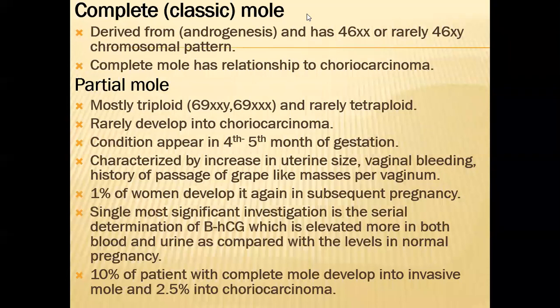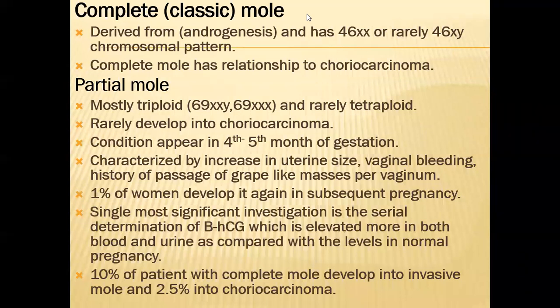Single most significant investigation is the serial determination of human chorionic gonadotrophic hormone, the estimation of β-hCG. It is very important to detect this, which is elevated more in both blood and urine as compared with the level in normal pregnancy.